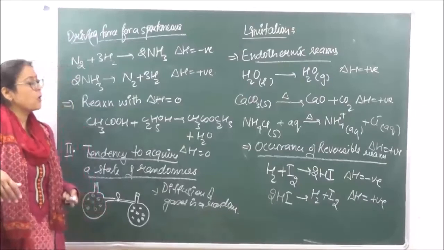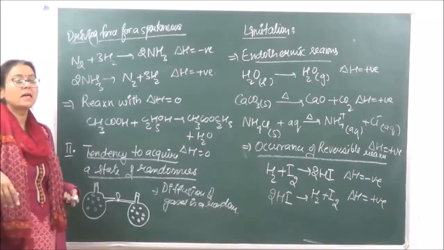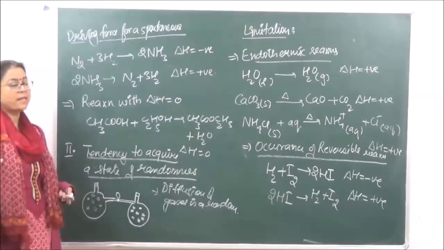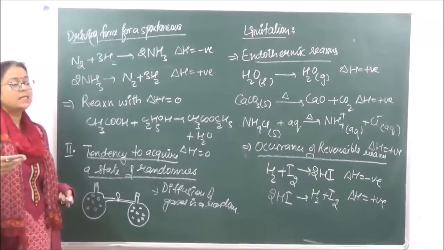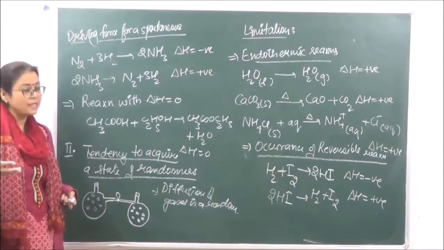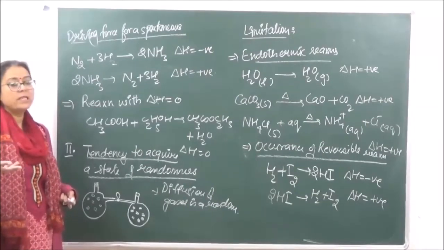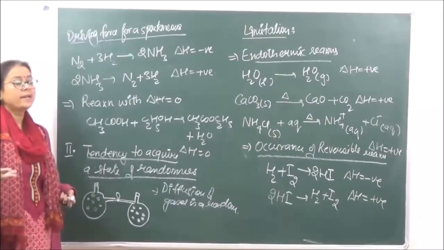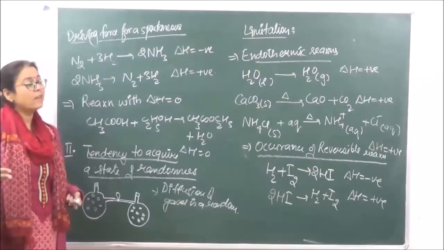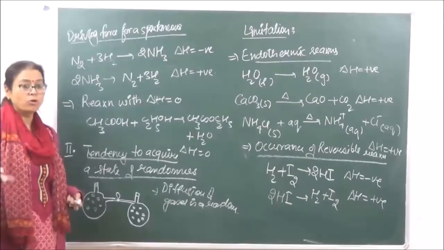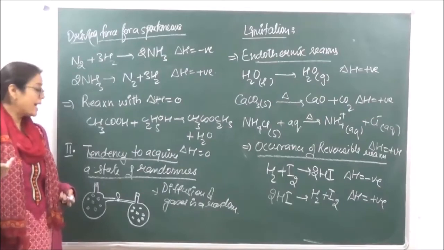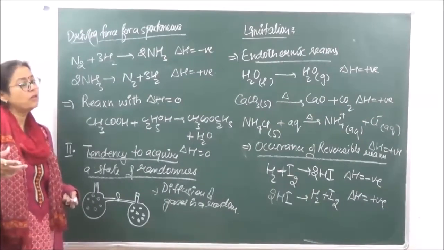Now sometimes it so happens that only one factor is unable to explain the spontaneity of a reaction. कि सिर्फ अगर हम exothermic reactions ले रहे हैं तो we've already seen कि सिर्फ exothermic reactions ही spontaneous नहीं होते. Secondly, if you are taking only the disorderly arrangement, sometimes even only the disorderly arrangement will not take a reaction to be spontaneous. So we have to take the net result of both: exothermic reaction, that is decrease in energy, number one, and number two, the randomness of a reaction.